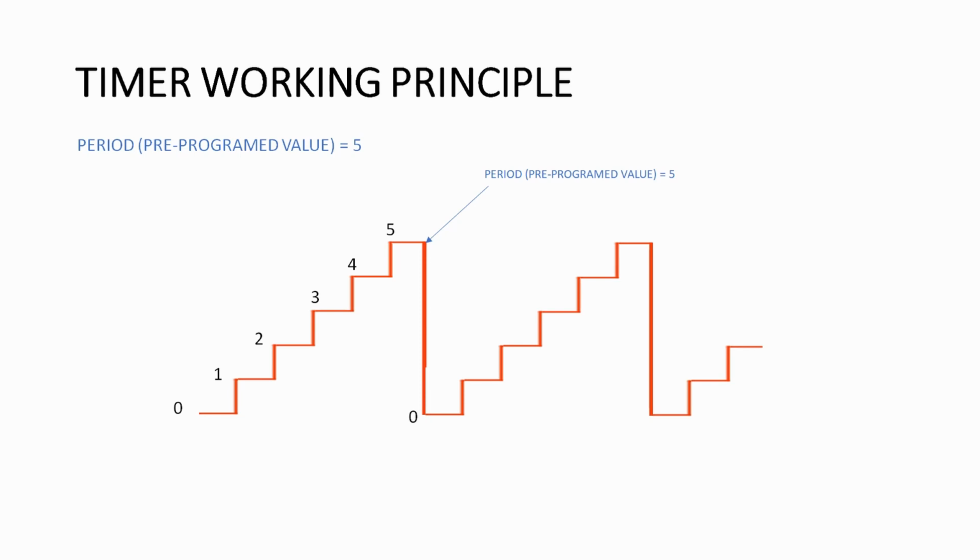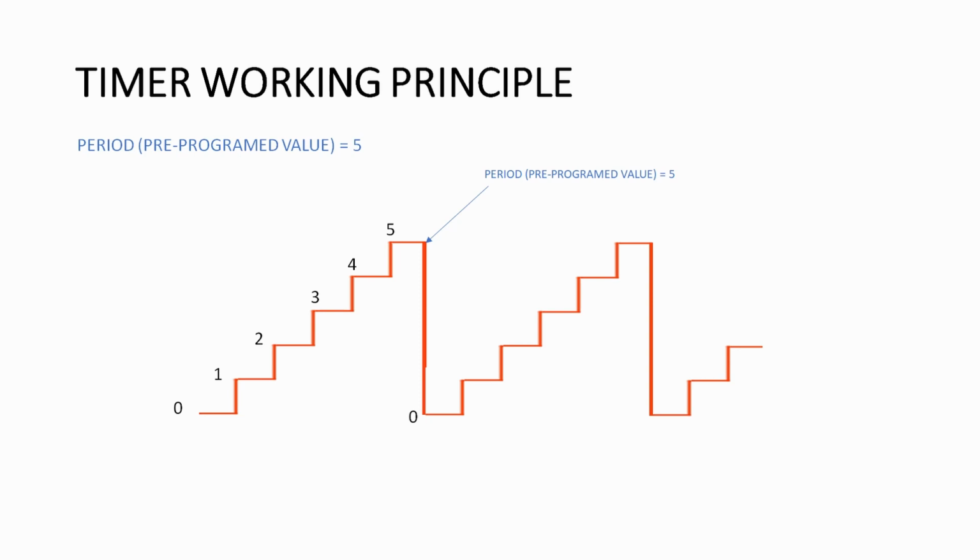So based on the timer counter value, you can manually program the microcontroller to achieve accurate time delays. By checking the counter value of the timer, we can produce accurate time delays in the program.